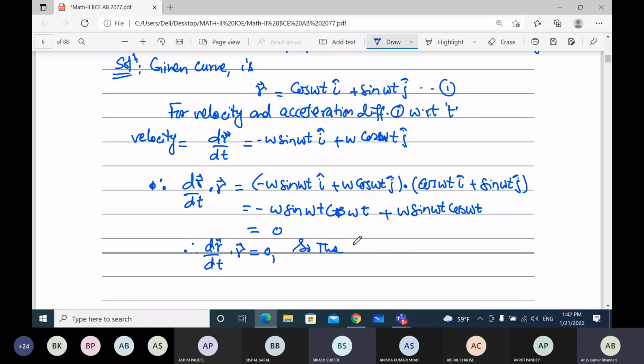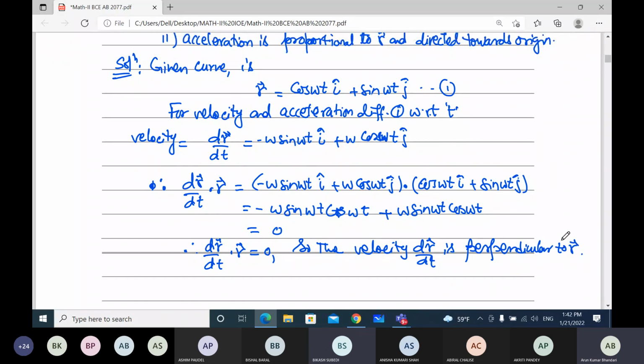So the velocity dr by dt is perpendicular to r.